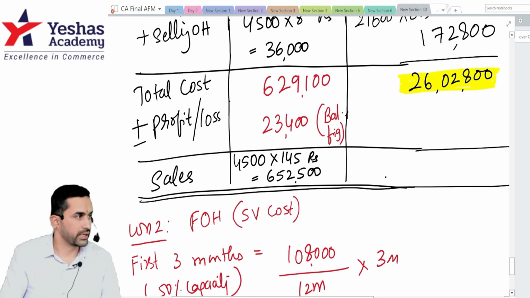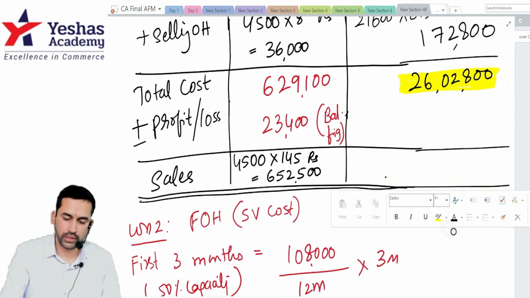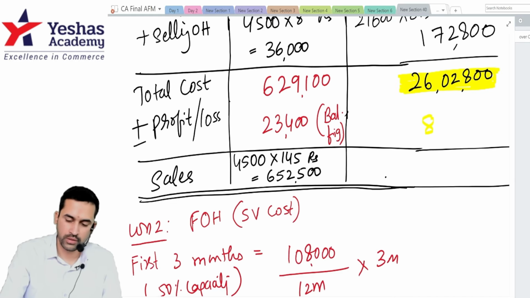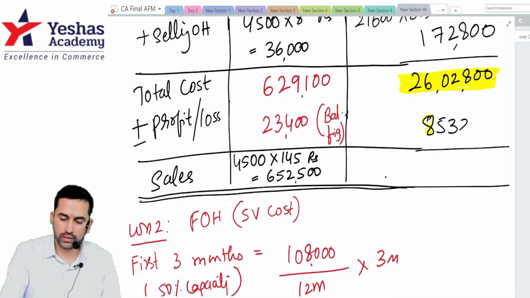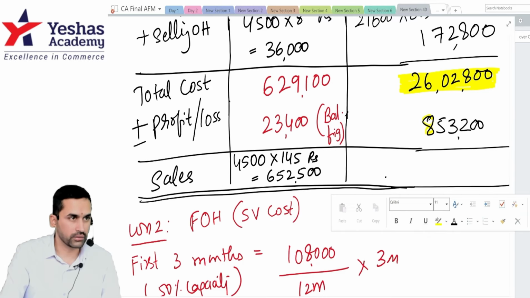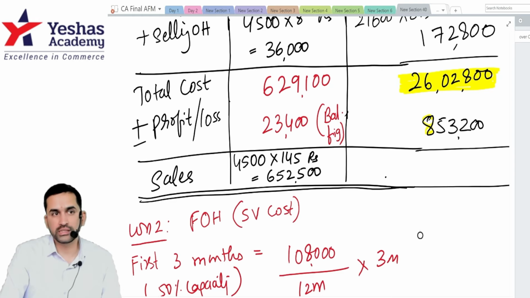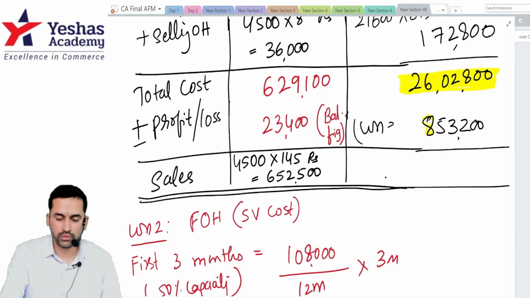In that 23,400 profit, if you take 8 lakh, this is the profit that you need to earn. Okay. But one second, this number is not directly given in question, right? If you have arrived at this, then please show all working note for this.